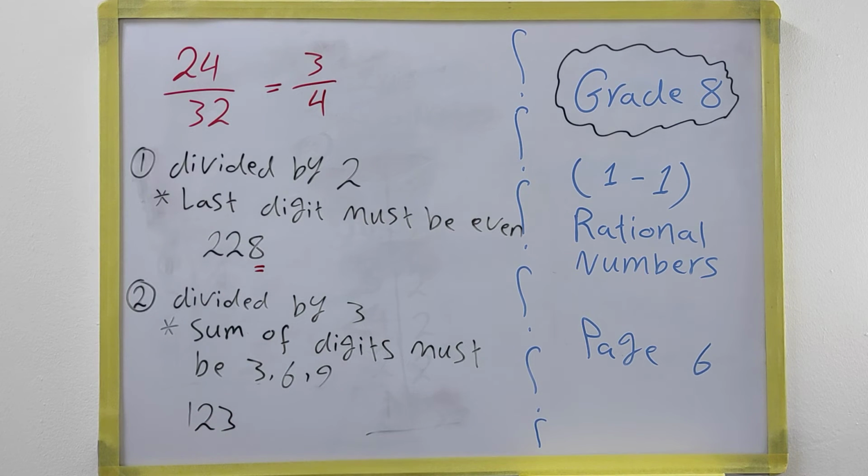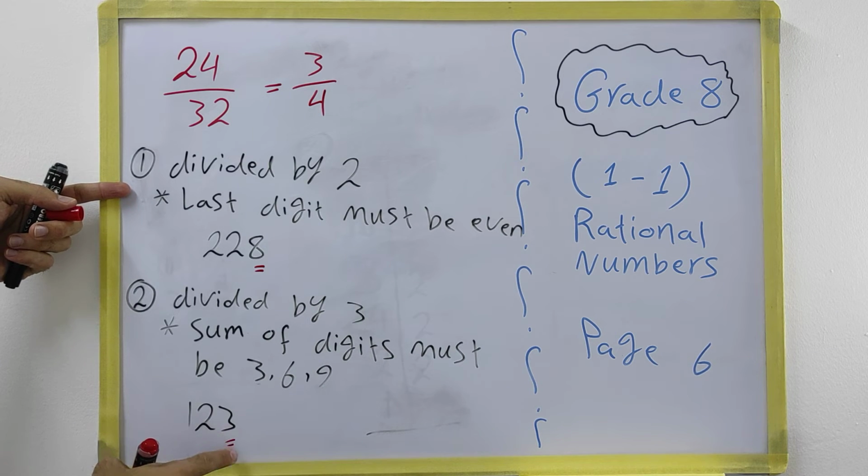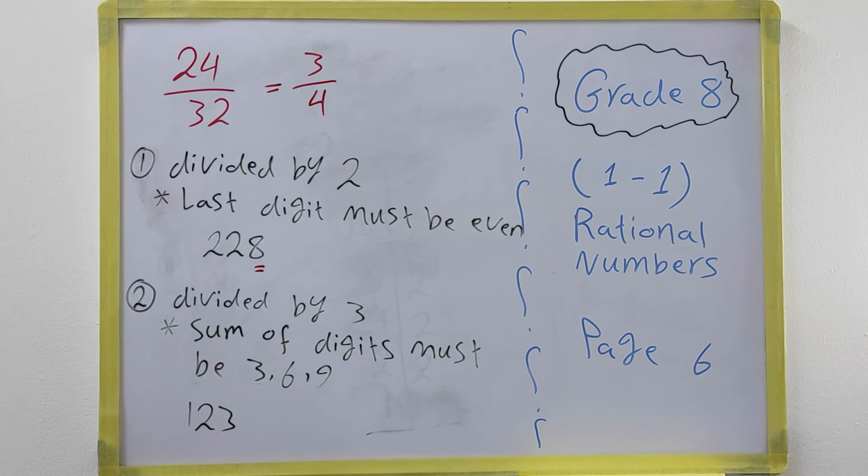123. Can this number be divided by 3 or not? At first, let's start with divide by 2. For divisibility by 2, we just look at the last digit. No, it's odd, number 3. It cannot be divided by 2. Let's check divide by 3.